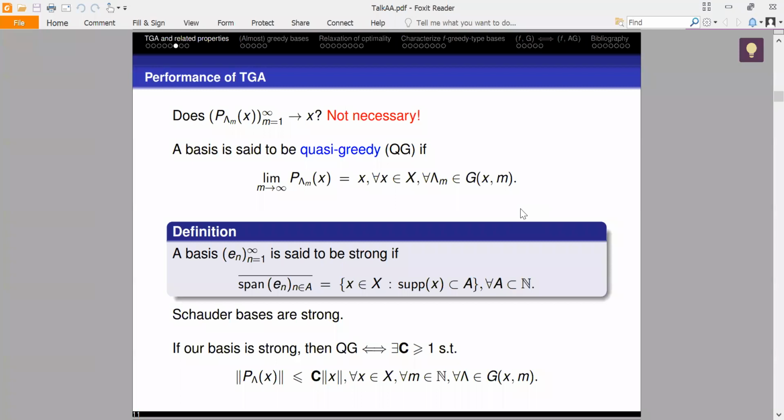Because it's conditional, you can permute it to make it no longer Schauder. But it is still strong, because this property of being strong doesn't depend on the ordering. That's a very thoughtful question. Thank you.